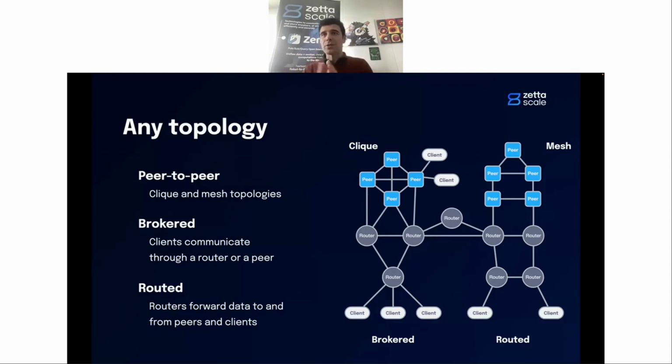And so in this picture, you could think that perhaps the mesh on the right and the clique of peers on the left could be some applications. To make things real, they could be some tractors or some oceanographic drones that are produced by the same manufacturer, and then the client potentially could be some operator or some application that does analytics from the other side of the world.